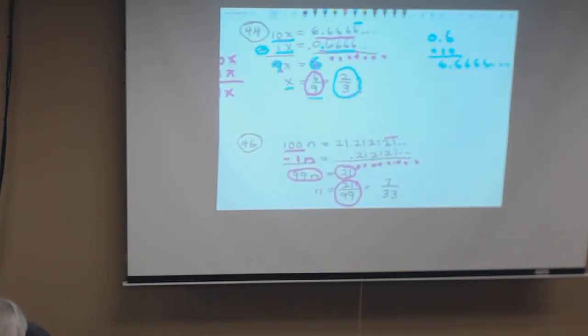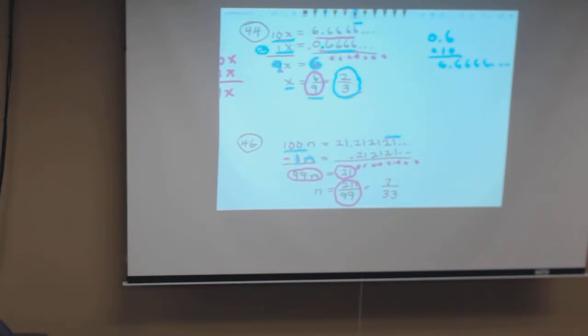Number 46 says 0.21 repeats. You see that? So I have two digits, so I take the number times 100, and that gives me 21.212121. And then I have 1 times the number, which is just the number, 0.21.